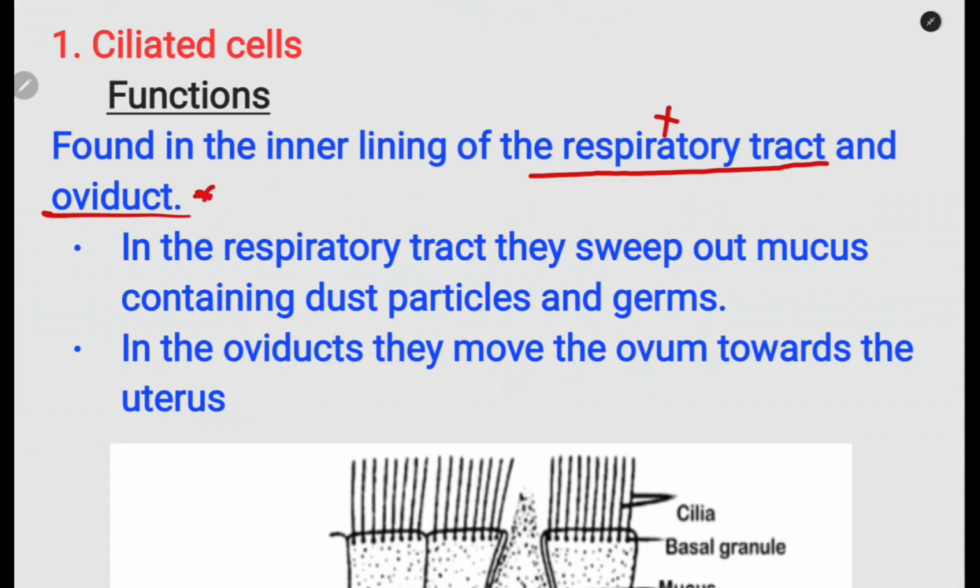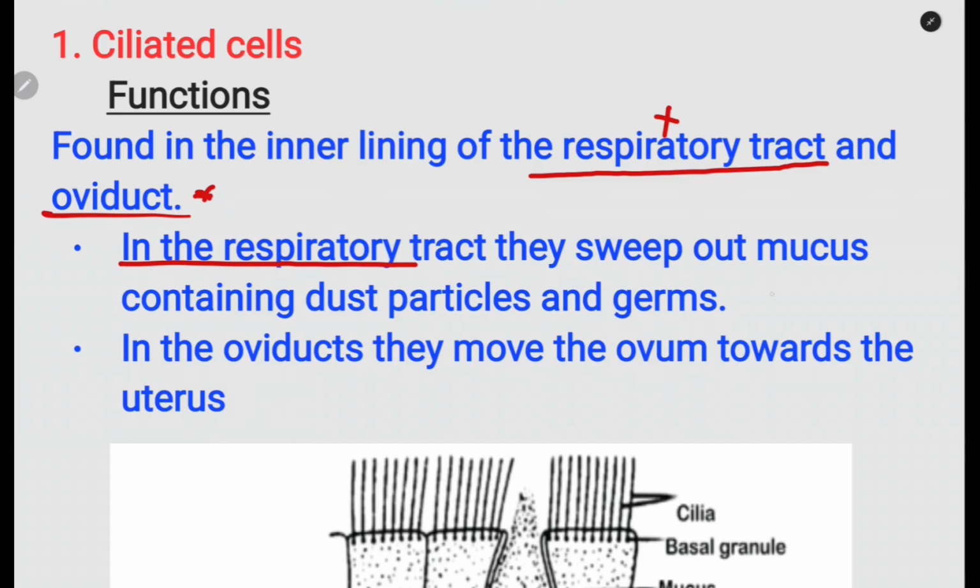But it should be clear the function that you are giving. You can't just give a function without indicating which part of the organism, or which part of an animal, where that function is performed. I guess you get what I'm saying. For example, one of the functions of the ciliated cell is to sweep, that is in the respiratory tract.